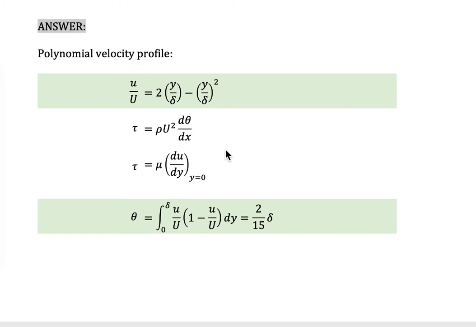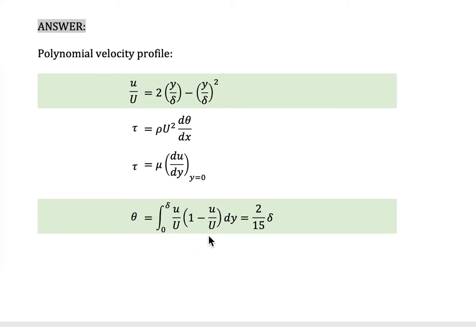Then to solve this problem, we start with the von Karman equation. In the von Karman equation we have theta, which means we need to find the momentum thickness for this velocity profile. The equation for theta is here.